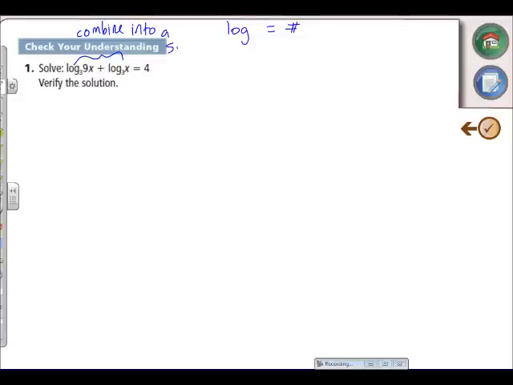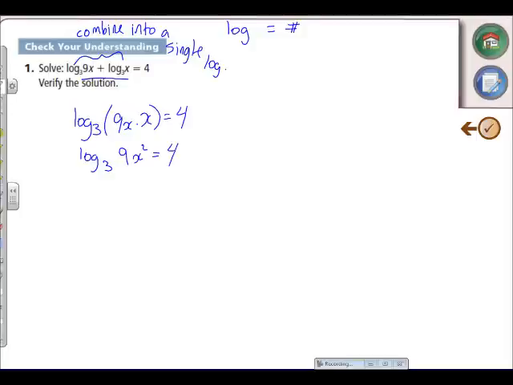If we're adding, that means we multiply within the log. So log base 3 of 9x times x equals 4. Let's combine that. Log base 3 of 9x squared equals 4.